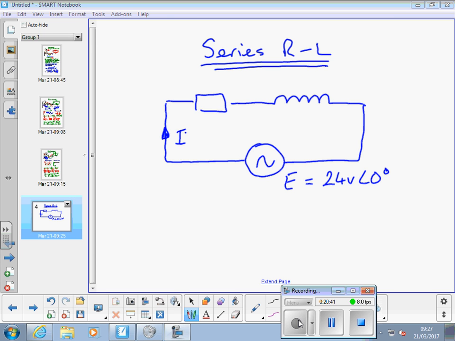When a voltage is specified for a circuit, if no angle is given, you assume 0.